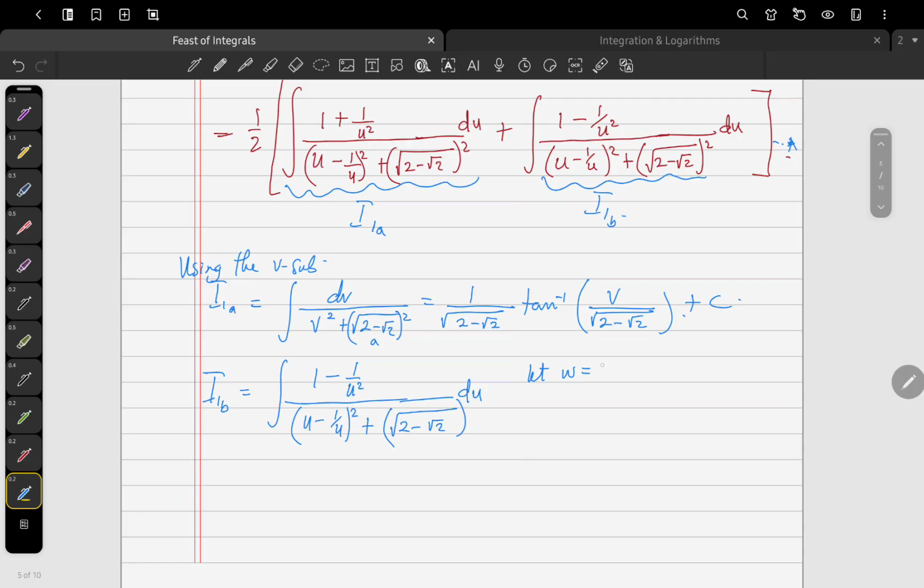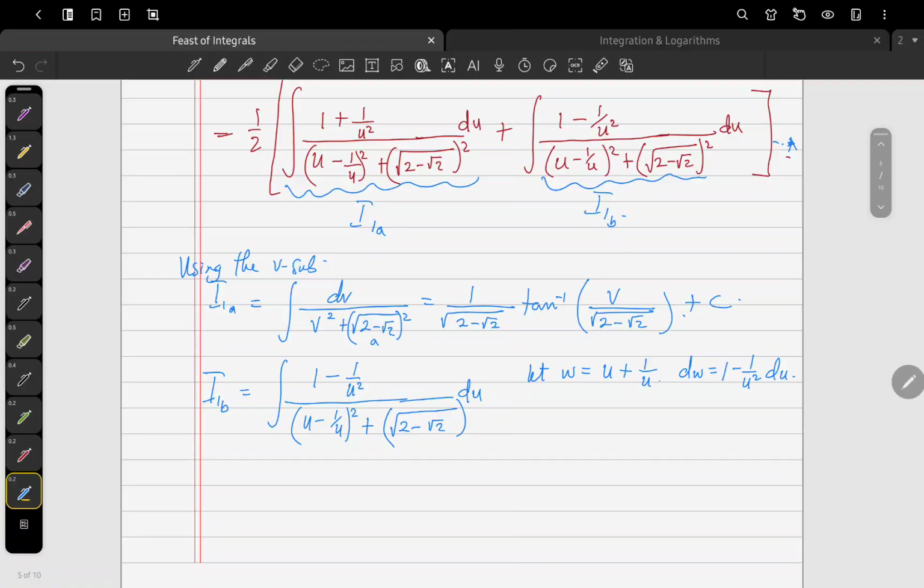So let w be equal to u plus 1 over u. Because that will give us dw is equal to 1 minus 1 over u squared du. But how does the denominator transform to w?